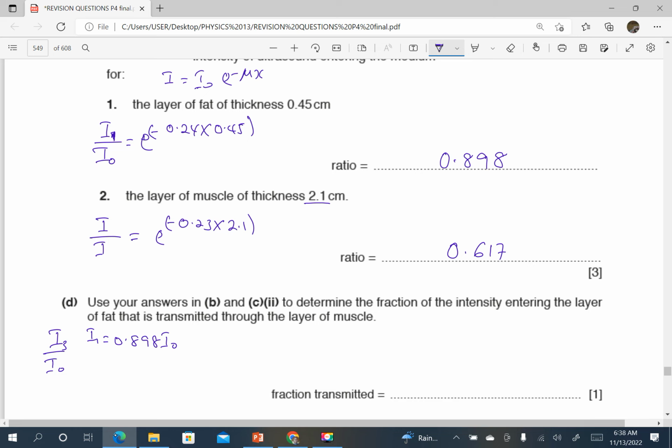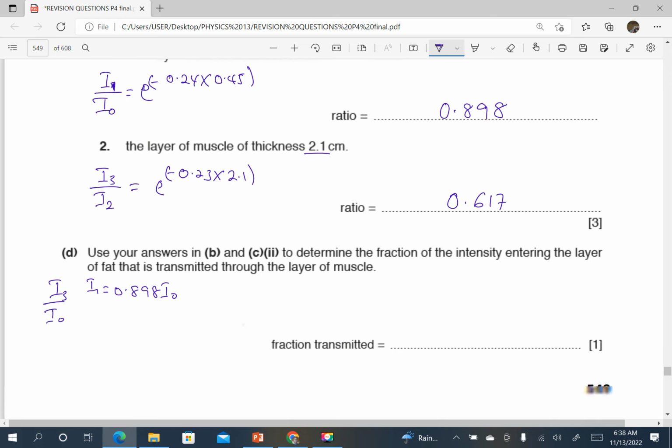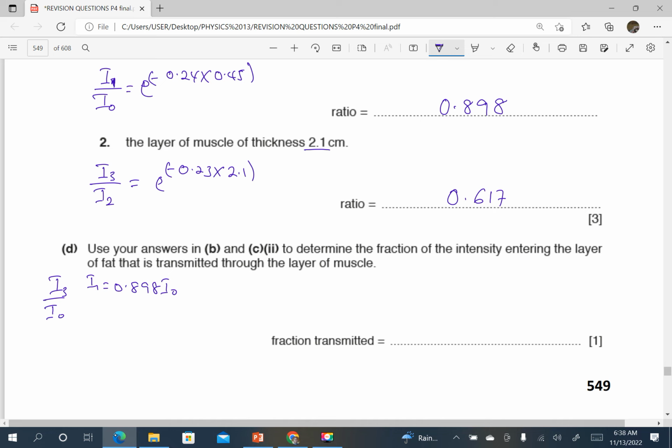So this is going to be I3 over I2 because I3 is what goes through muscle and I2 is what is incident in muscle. So to be specific, let's do it like that. Then we have that I3 is the same as 0.617 times I2. Now remember, I want I3 over I naught. So I'm going to move backwards.